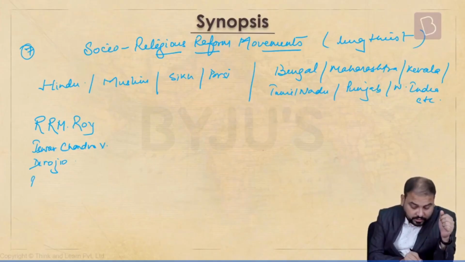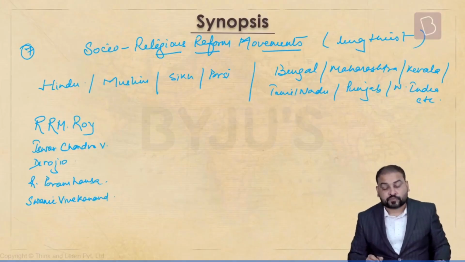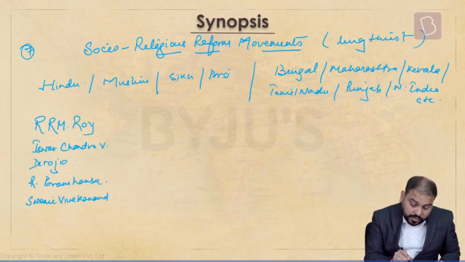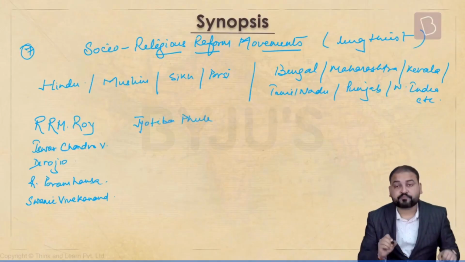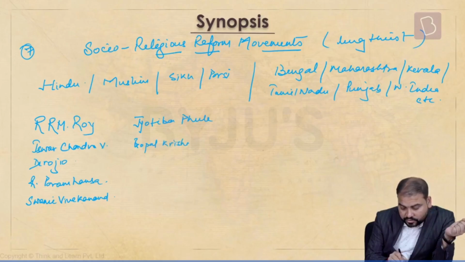Then in Bengal only Ram Krishna Paramhans, and we'll also have Swami Vivekananda. Then if we go to Maharashtra, we have the great Jyotiba Phule. Later from Maharashtra only we would have Gopal Krishna Gokhale.